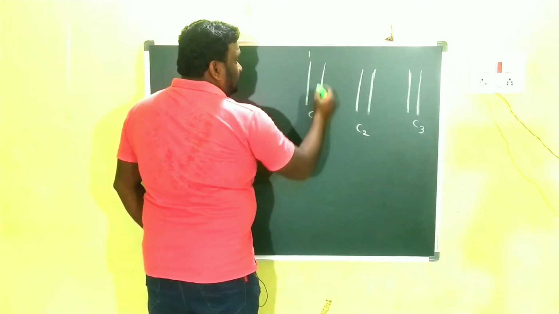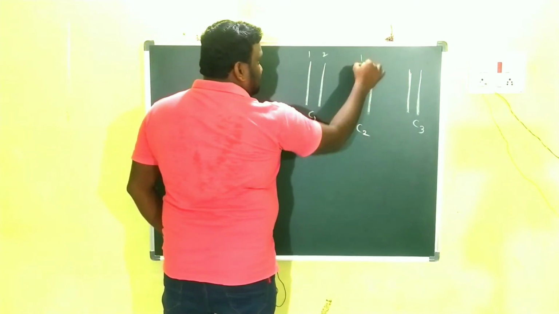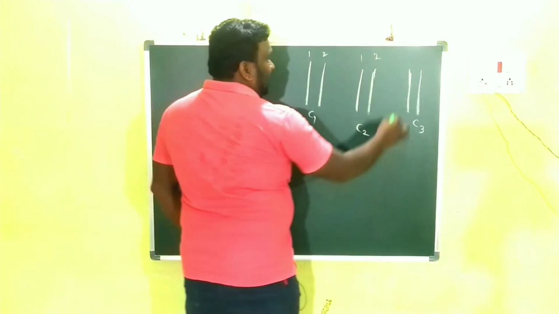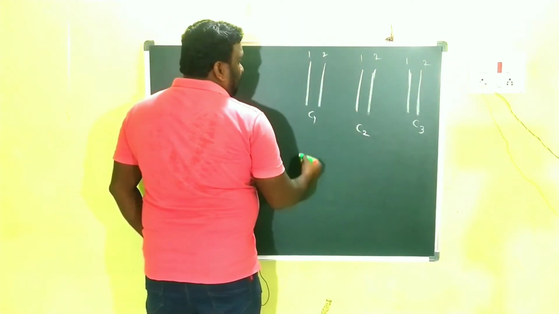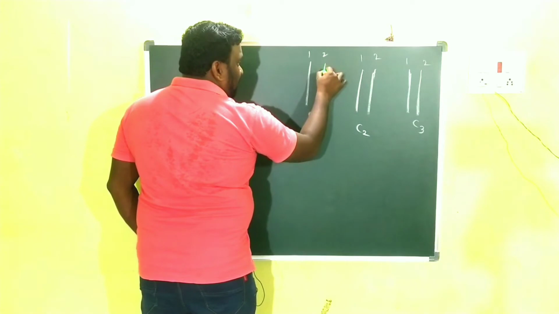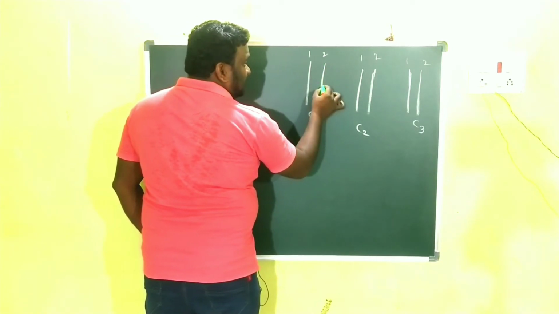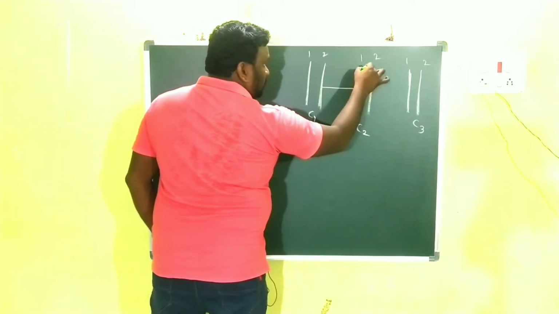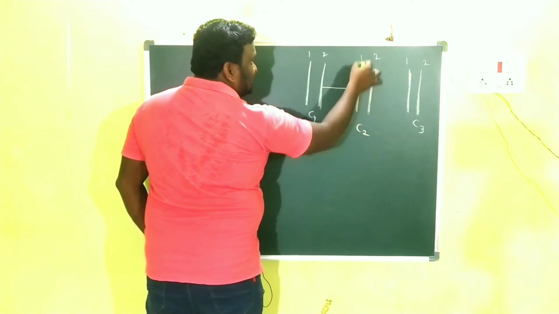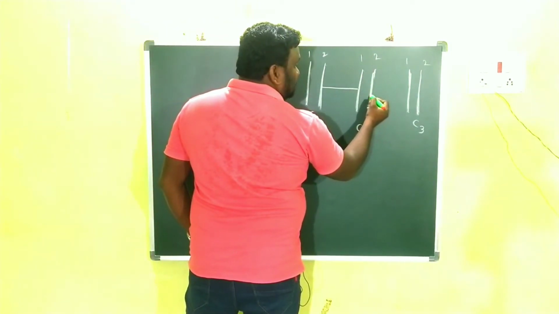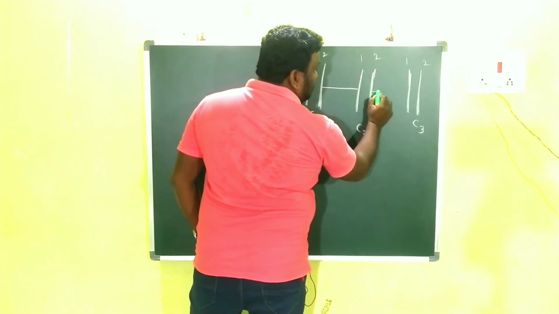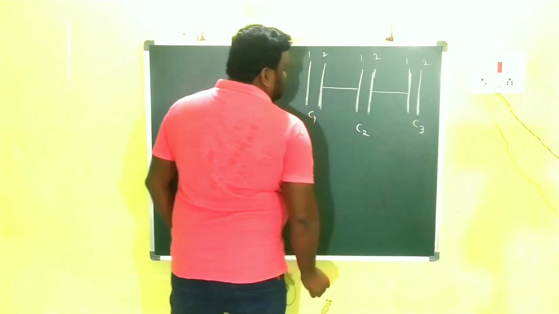According to series combination, this is the first plate, second plate, first plate, second plate, again first plate, second plate. By definition, the second plate of the first capacitor is joined to the first plate of the second capacitor, and again the second plate of the second capacitor is joined to the first plate of the third capacitor.